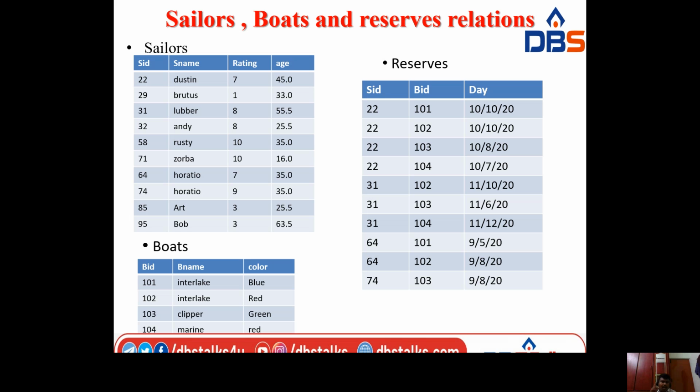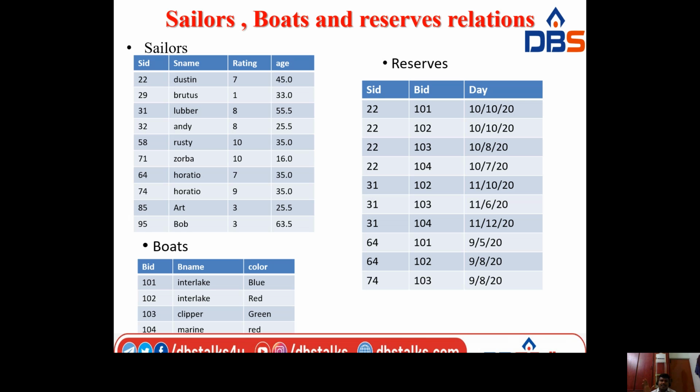Reserves is another table with 3 columns, and boats is another relation with 3 columns. In sailors, SID is there, in reserves SID and BID are available, and in boats BID is available.